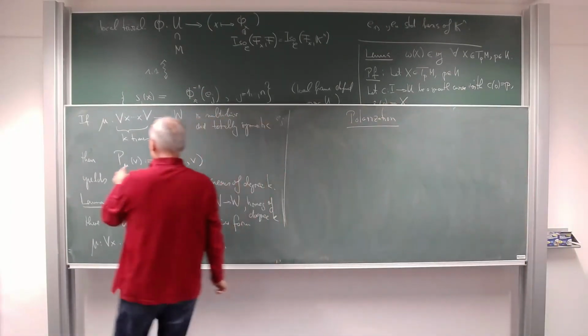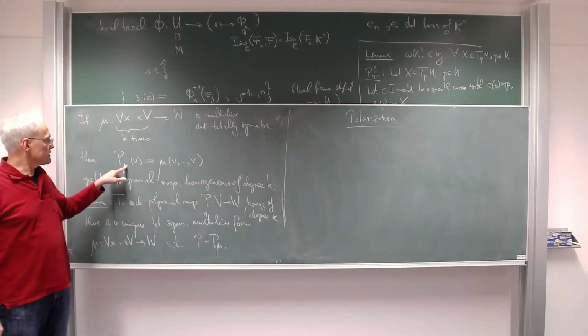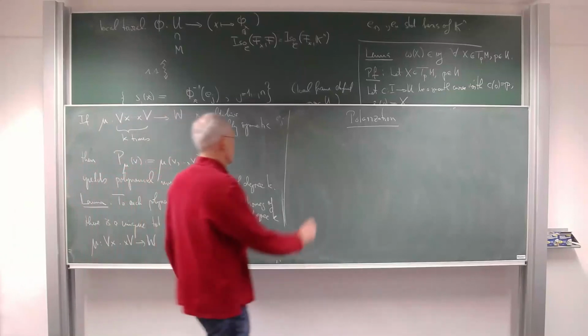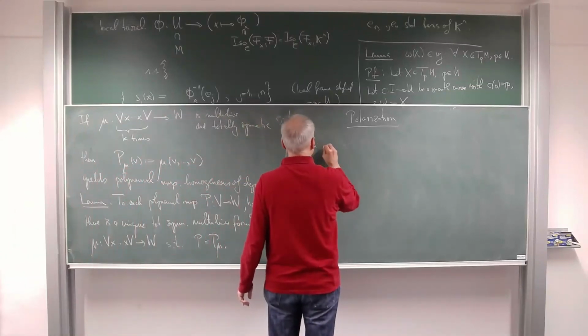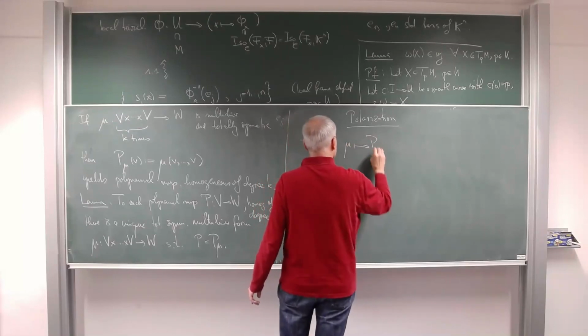This prescription here takes a multilinear form, totally symmetric, and gives me a polynomial. So the map mu is being mapped to p mu.